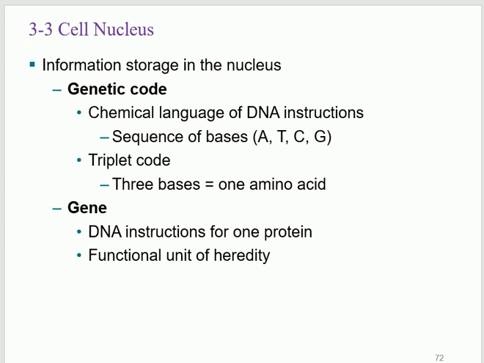What's the monomer of protein? Amino acid. So in order to make protein, you need to put a group of amino acids beside each other, right? So if at this time I want to make protein number 5, how to make it? You go to protein number 5 instructions on the DNA, and you take a copy of these instructions only for this specific protein. What is this copy called?